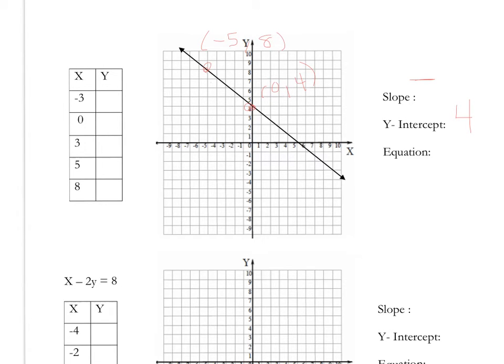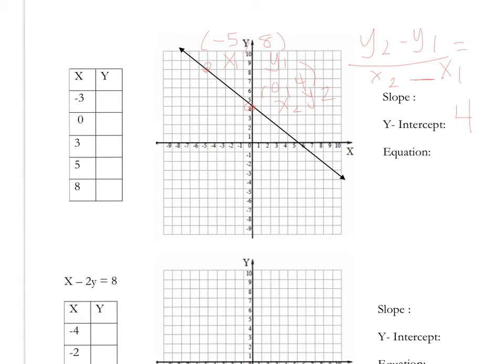I'm going to label these as x1, y1, and x2, y2. Our slope formula, like we did before, is y2 minus y1 over x2 minus x1.